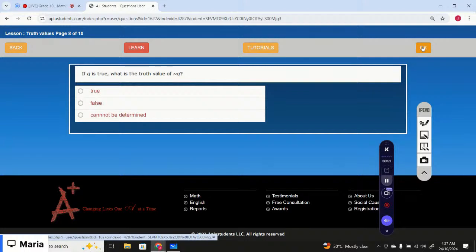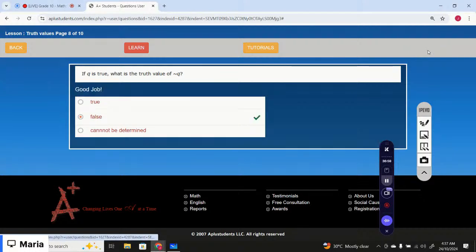If Q is true, the truth value of not of Q is false, right? So the negation is false.